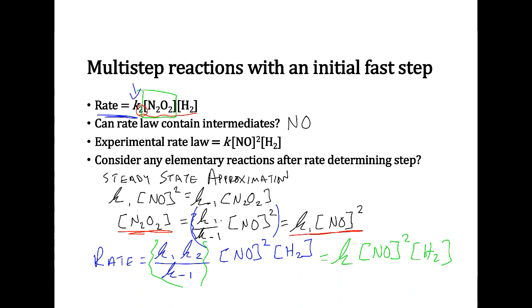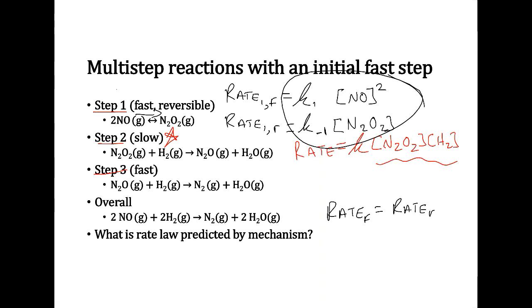Okay, so this is now a good mechanism because we don't have any intermediates in our overall rate law. We match experimental data, so we could say that this mechanism is a possible mechanism by which this reaction, NO plus 2H2 going to N2, occurs.